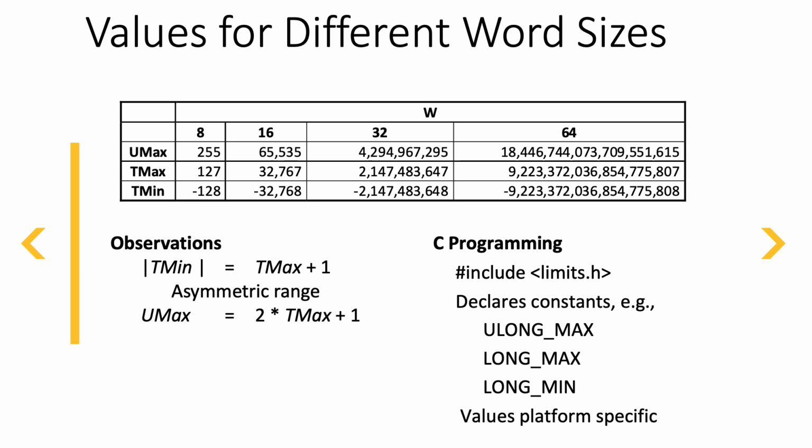Now, since all of these values are determined by the word size, they're going to be platform specific. So my maximum unsigned integer on an 8-bit system would be 255, and on a 16-bit system would be 65,535, and so on. It gets bigger the larger the word size I have to work with.